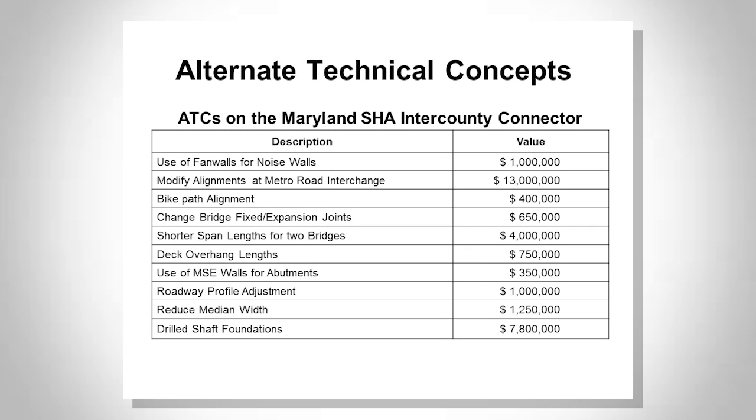So as far as alternative concepts, just so you know, here's an example of what they had for ones on the Maryland Intercounty Connector that was open for construction about three or four years ago, if I remember right. So look at the description and look at the value.